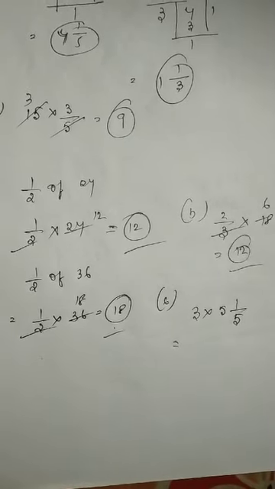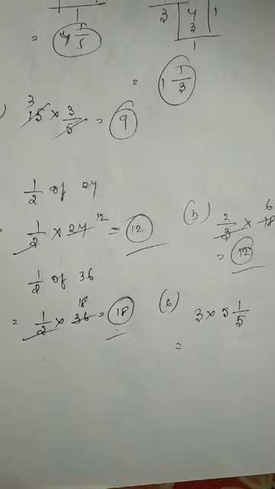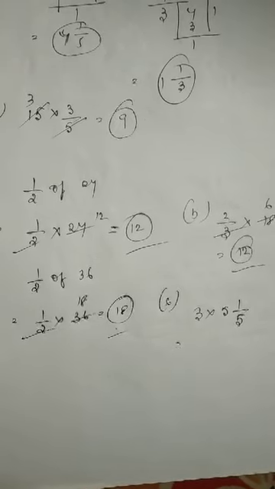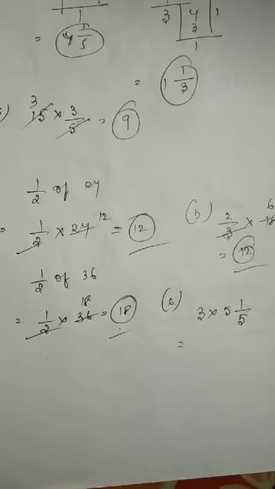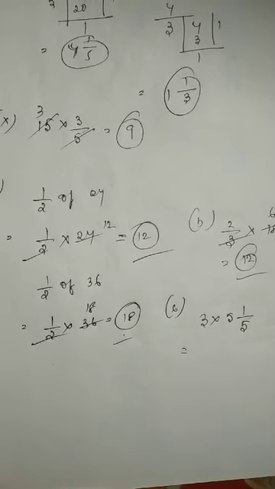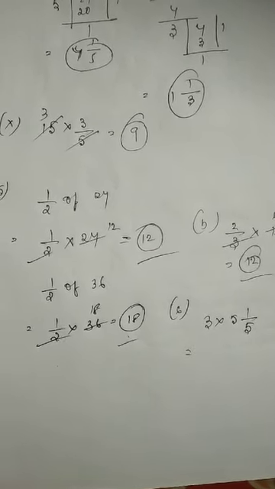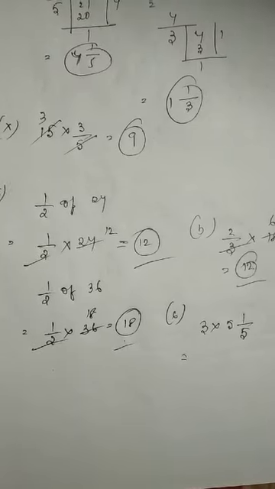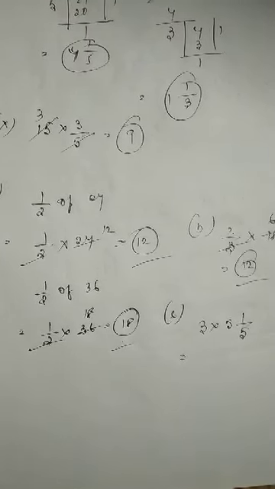This is not the process. This is an absolutely invalid process, and of course you are not going to get a correct answer. First thing is, we have to convert this mixed fraction into improper fraction first.